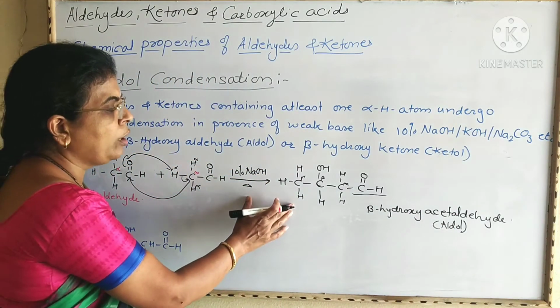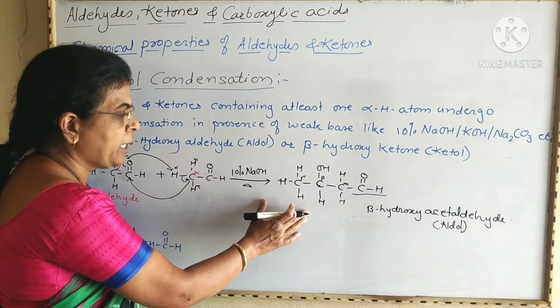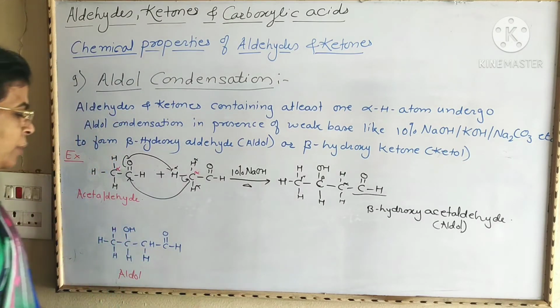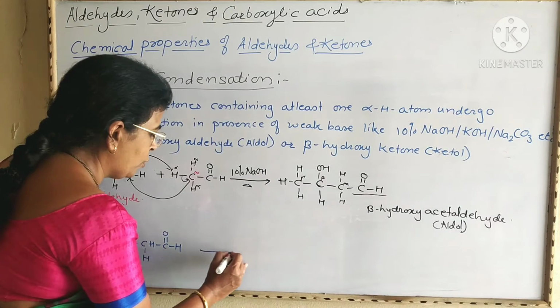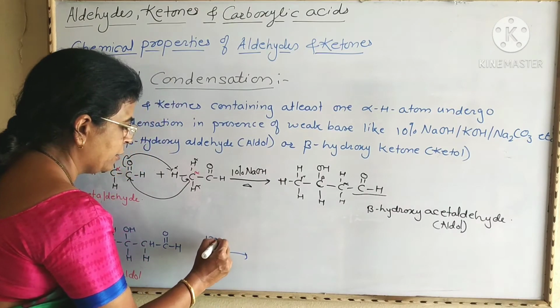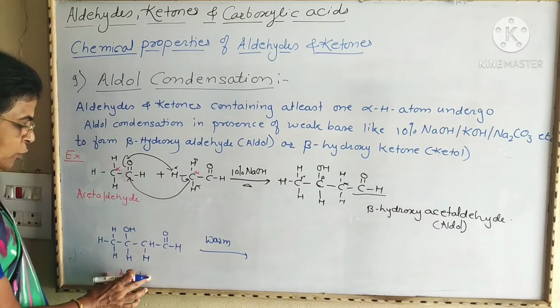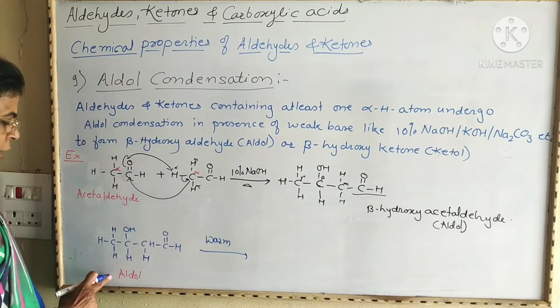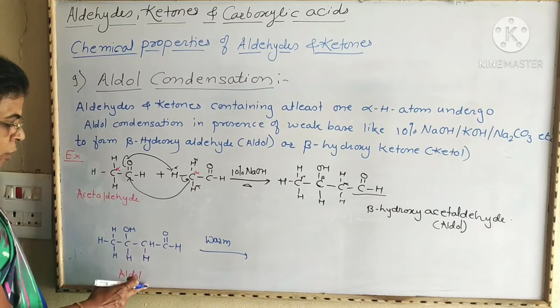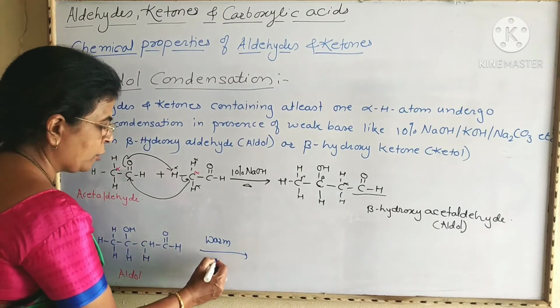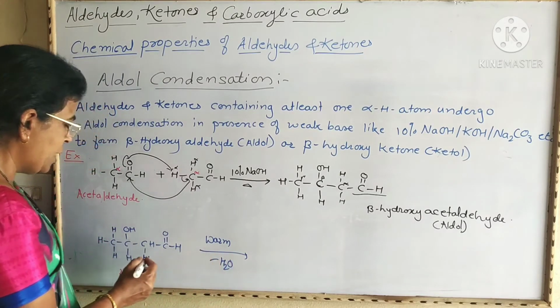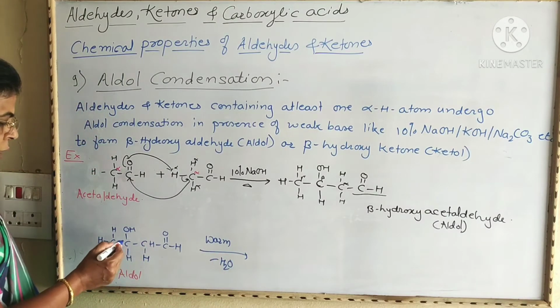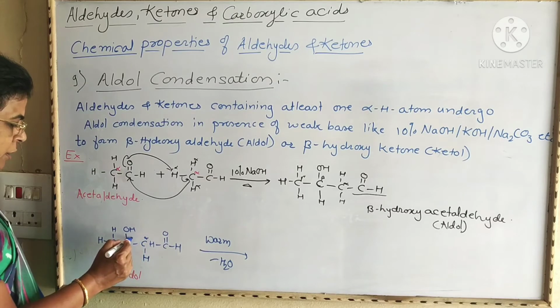Now this aldol formed during the reaction, when it is warmed, undergoes dehydration. When this aldol is warmed, it undergoes removal of H2O, that is alpha beta elimination takes place.